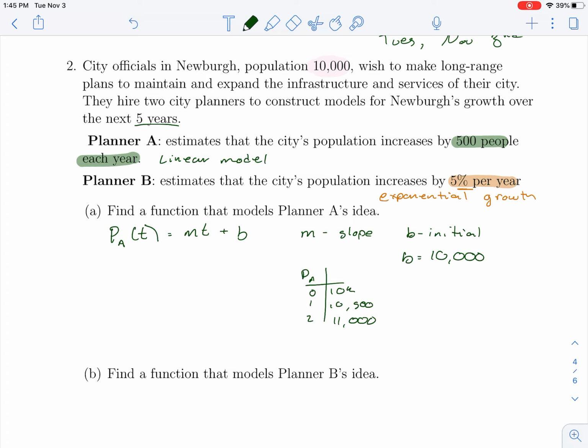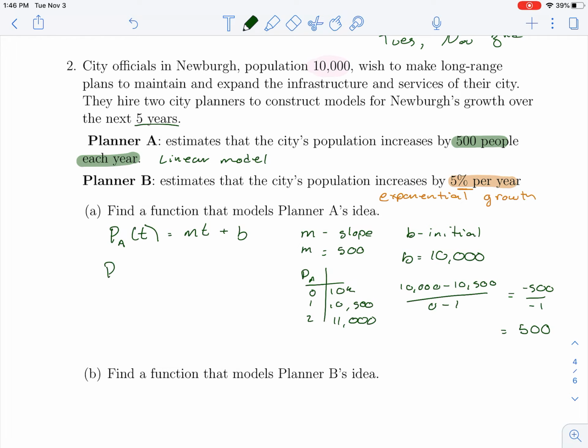And that actually tells me that the slope, that m, is going to be 500. And if you wanted to work out the math, I did this backwards, but that's fine: 10,000 minus 500 over 0 minus 1, you'd get negative 500 over negative 1, which equals 500. So that's our slope.